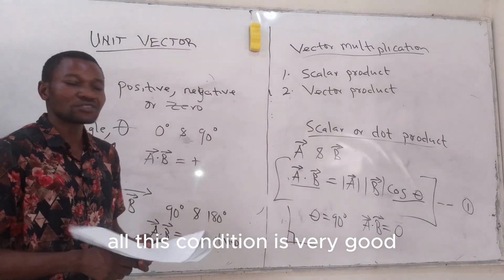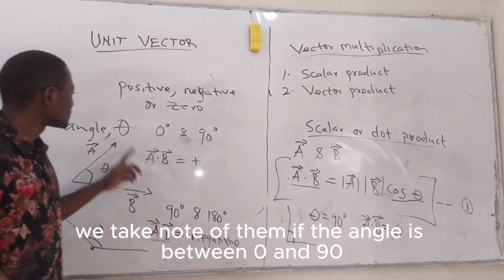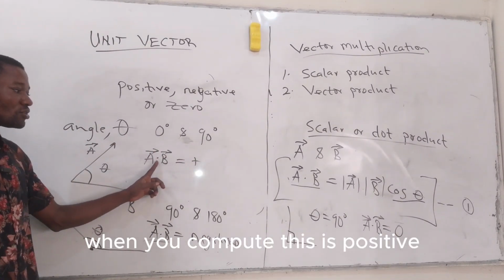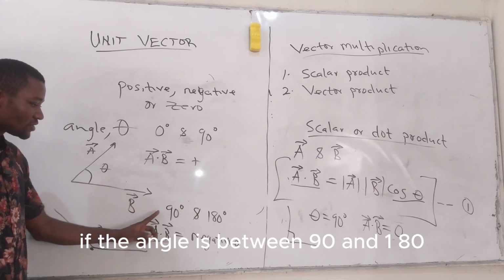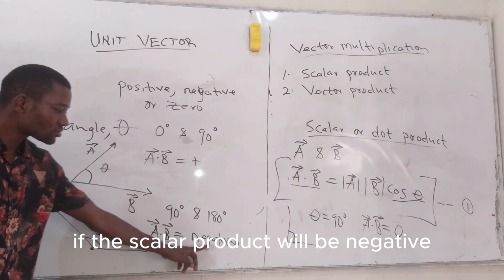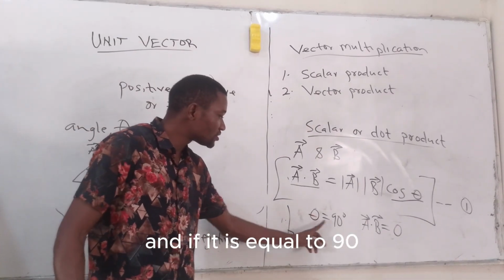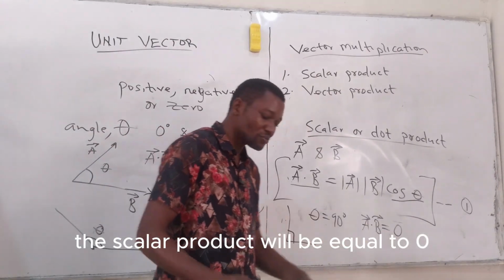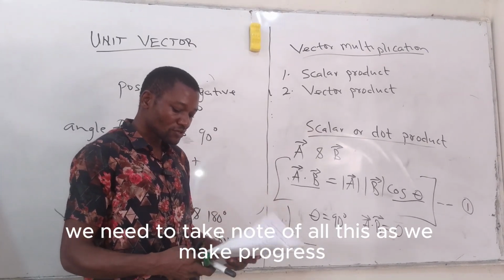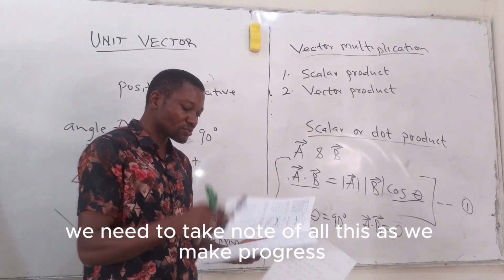All these conditions are very good. We take note of them. If the angle is between 0 and 90, when you compute this, it is positive. If the angle is between 90 and 180, the scalar product will be negative. And if it is equal to 90, the scalar product will be equal to 0. So please, we need to take note of all this as we make progress.